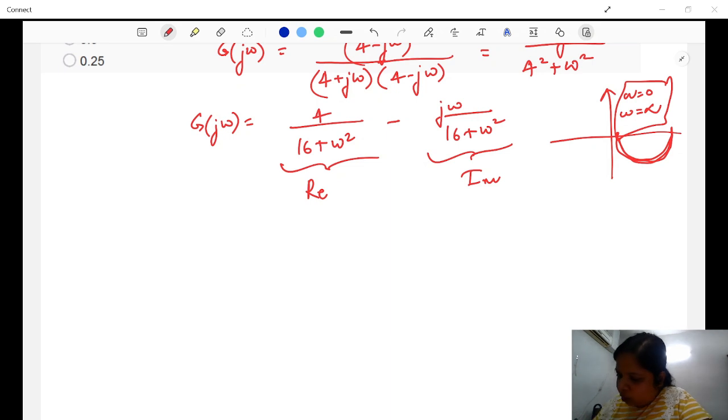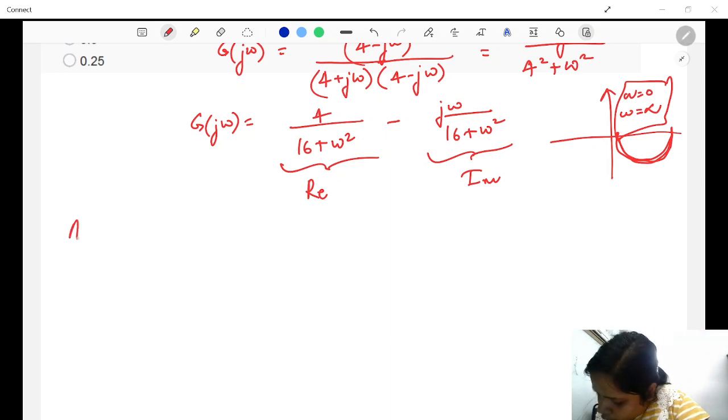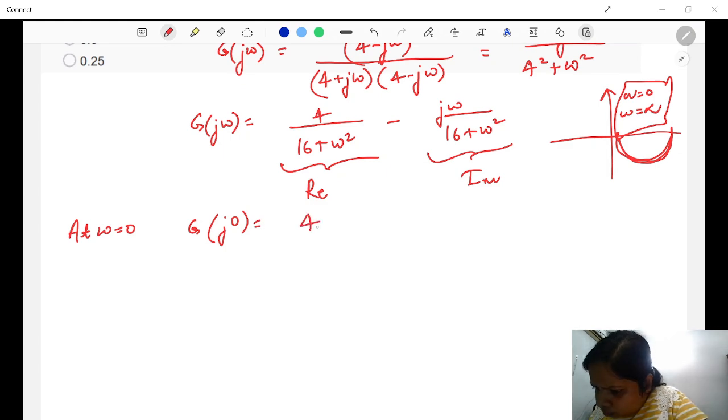So this is your real part and this is your imaginary part. Now we'll see what happens at omega equal to 0. You can plot the complete table, but I'll show it quickly. I'm trying to find the real part first.